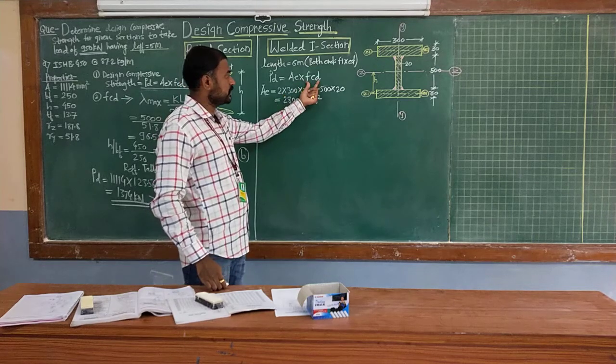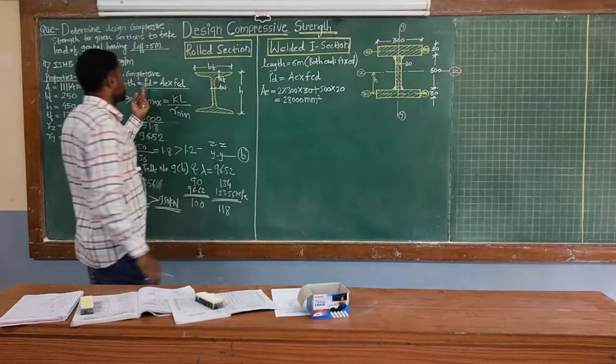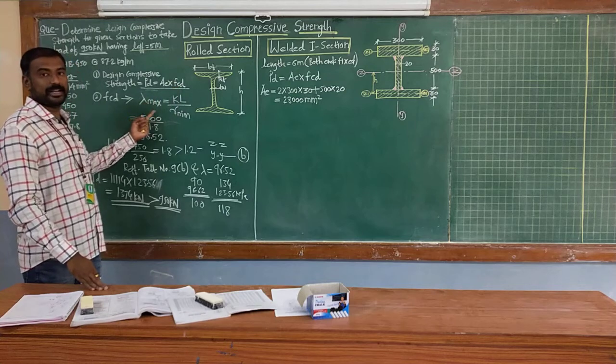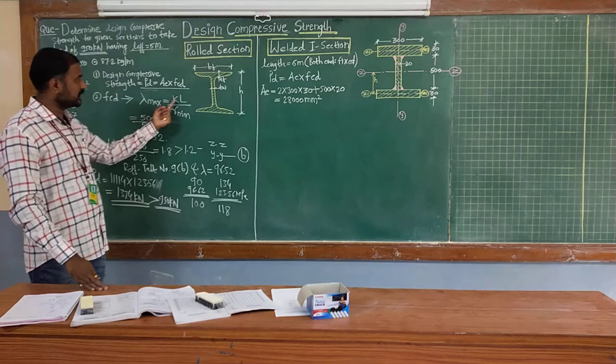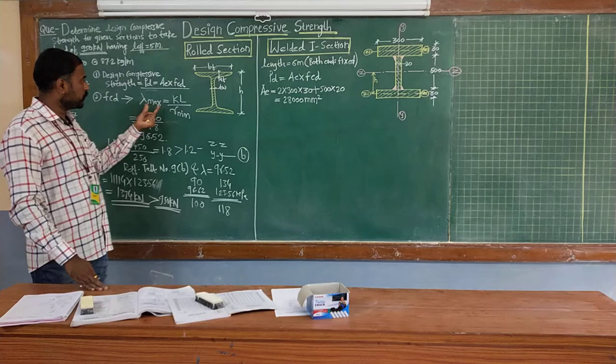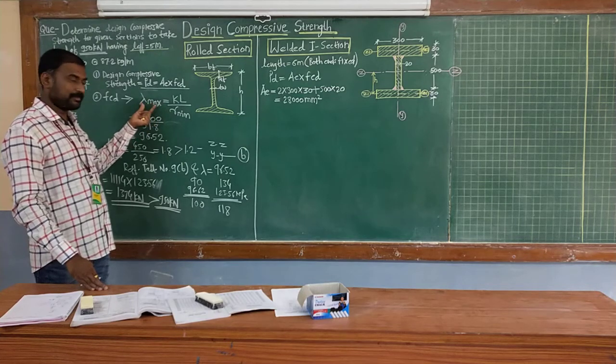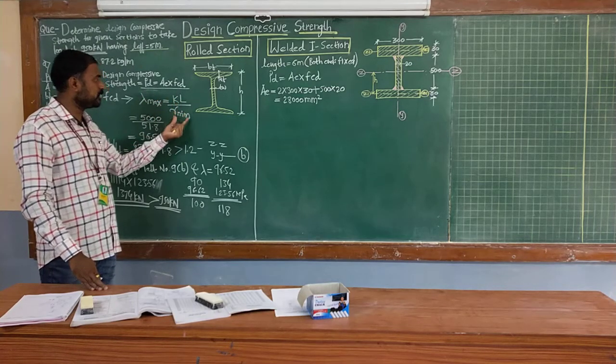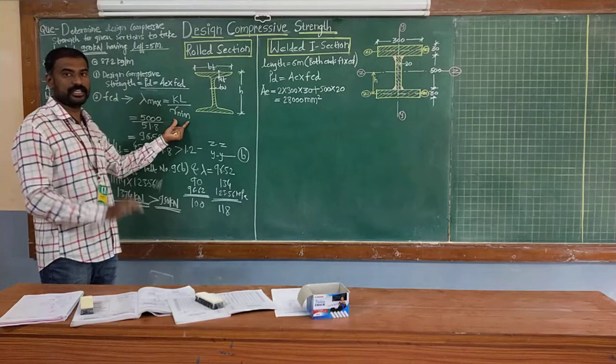Now next is FCD. FCD depends upon lambda max, and lambda max depends upon the KL by r value. So you need the effective length divided by the least radius of gyration, correct?